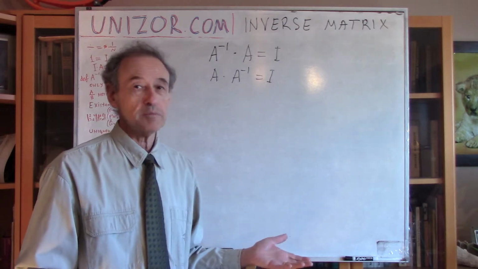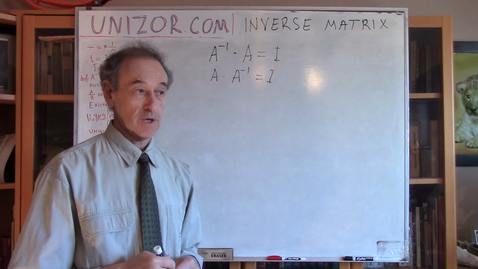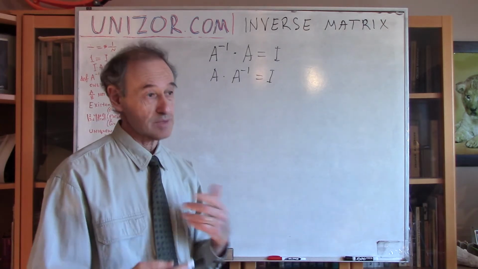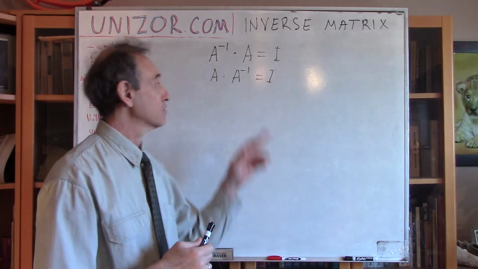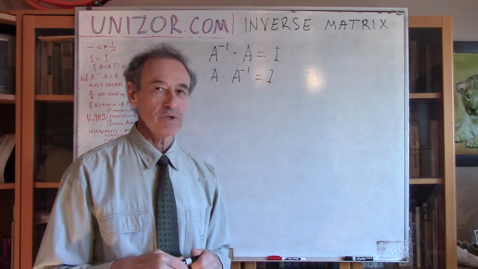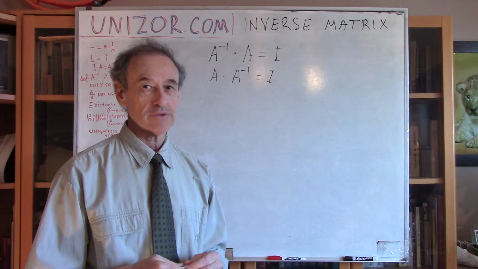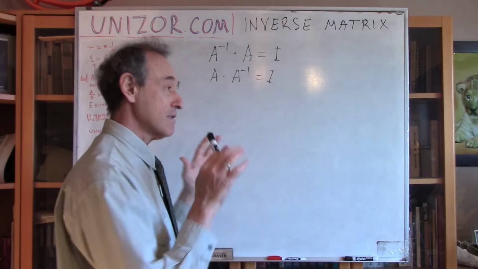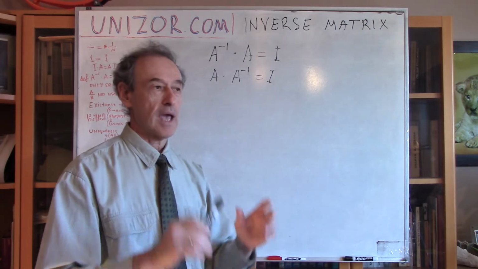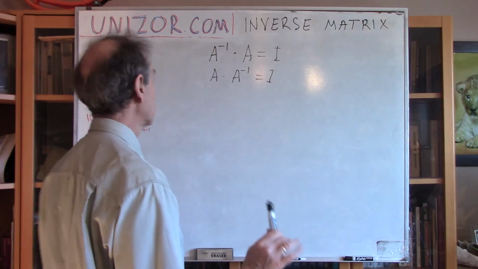Maybe there are more than one matrix which have these properties, in which case the definition is really fuzzy. I mean, yes, we can define like any matrix which has this property can be called an inverse, but it's not really nice. We would like to have a unique matrix which has this property. So these two very important aspects, existence and uniqueness of whatever we define, we have to really discuss right now.